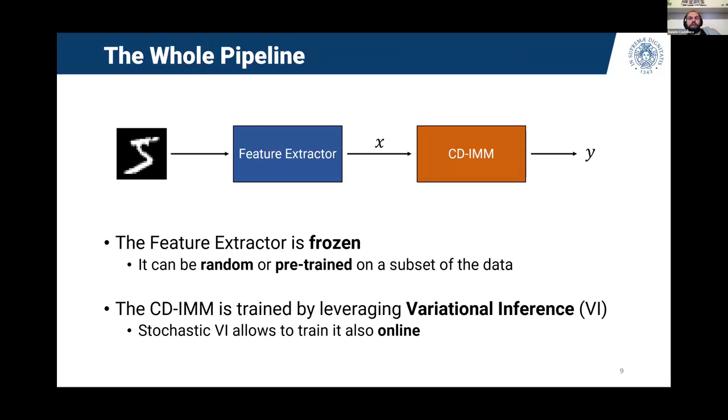And then we use our class-domain infinite mixture model to predict the class of the embedding. The feature extractor is frozen, so it can be either random or pre-trained on a subset of the data, while the classifier, that is the infinite mixture model, our proposal, is trained by leveraging variational inference. It can also be trained in an online fashion using the stochastic version of variational inference.